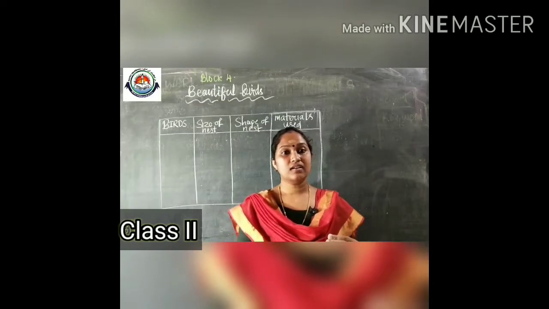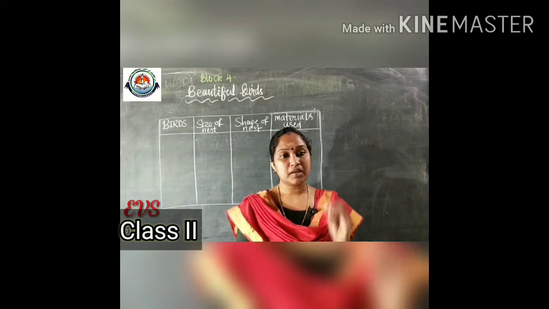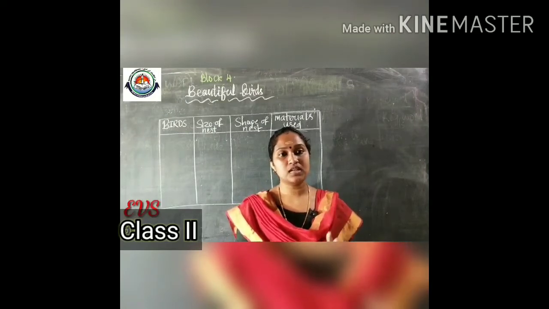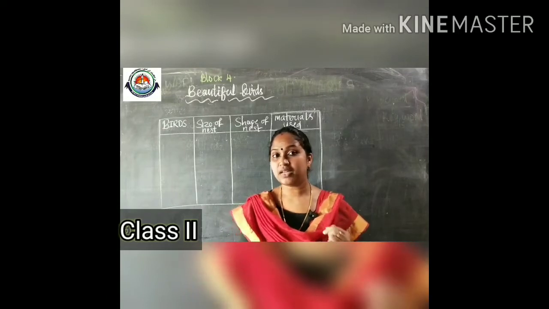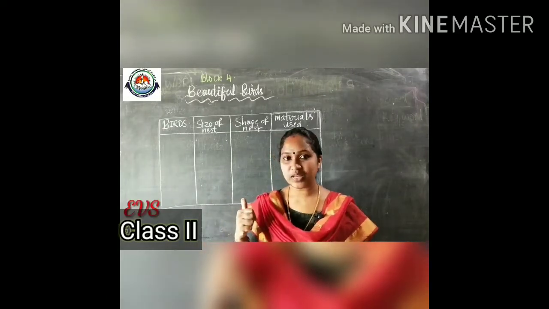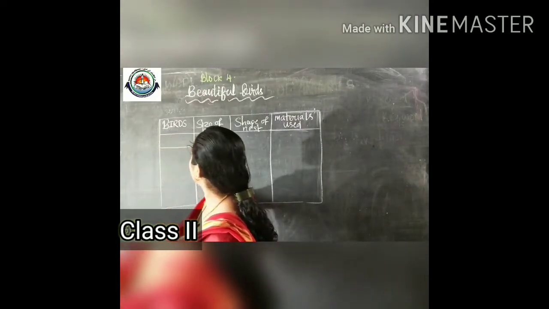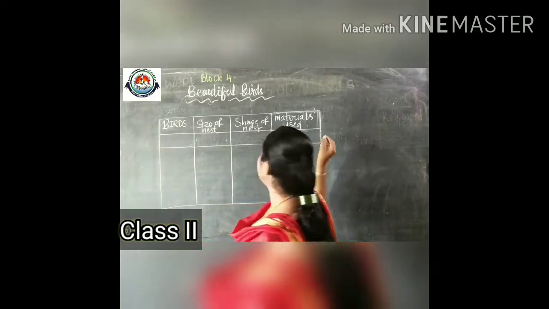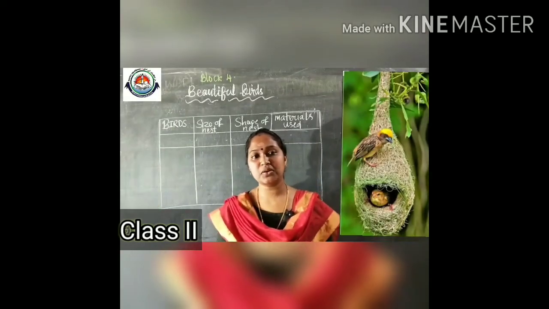So, while giving the pictures of birds, you observe it minutely, then only you will be able to help me to complete this table. Okay. So, we are going to see the picture of the first bird. Which bird is this, you know?